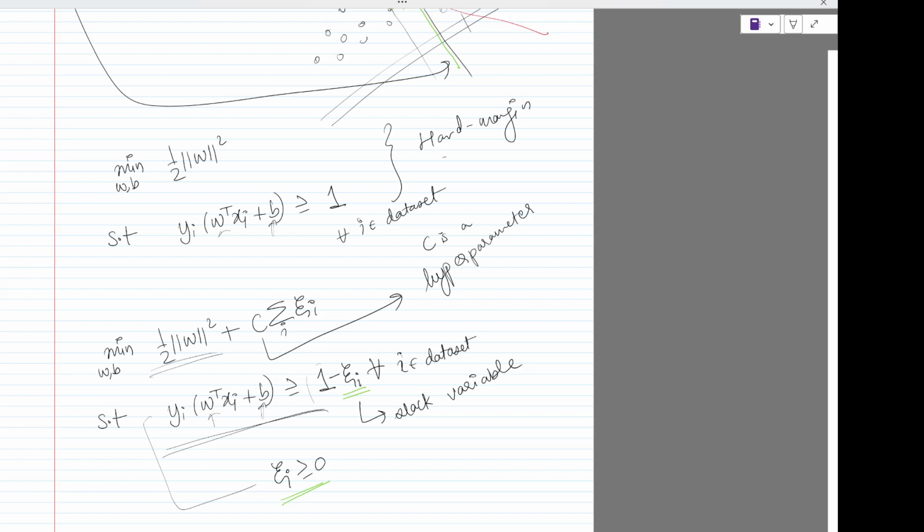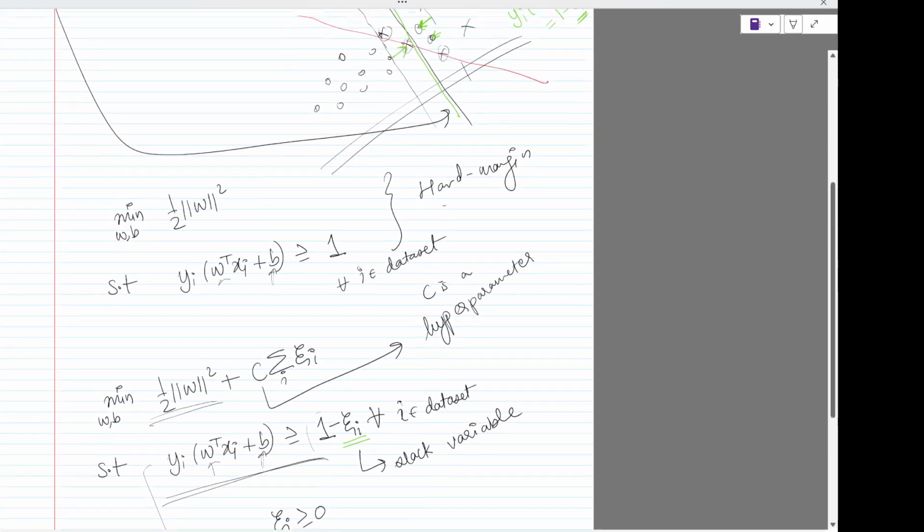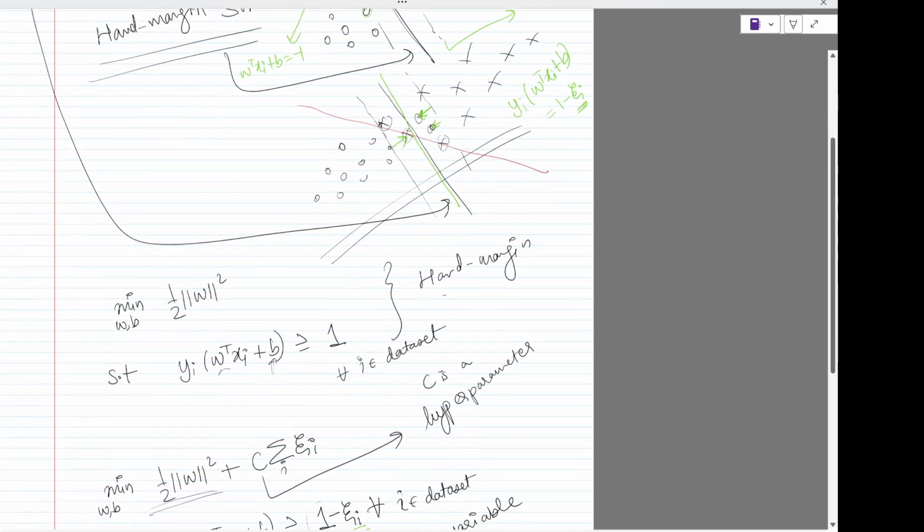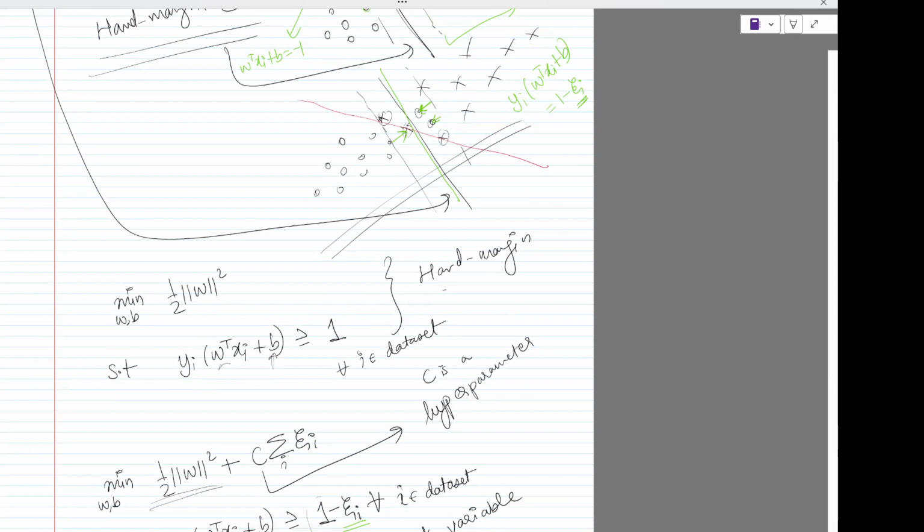If you give a very high value of C, that means it will give a lot of weightage to these psi i's, and it will not allow psi i's to come into the interior. It will try to minimize how much slackness you are allowing the points. If you use a very low value of C, close to 0, the C parameter has to be greater than 0, but if you set it very close to 0, like 10 power minus 6 or something, then it will give very low weight to the psi values.